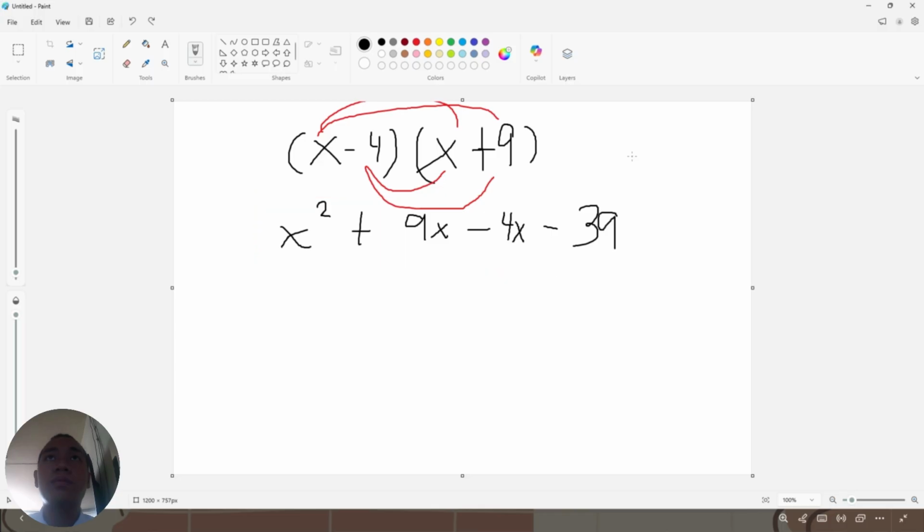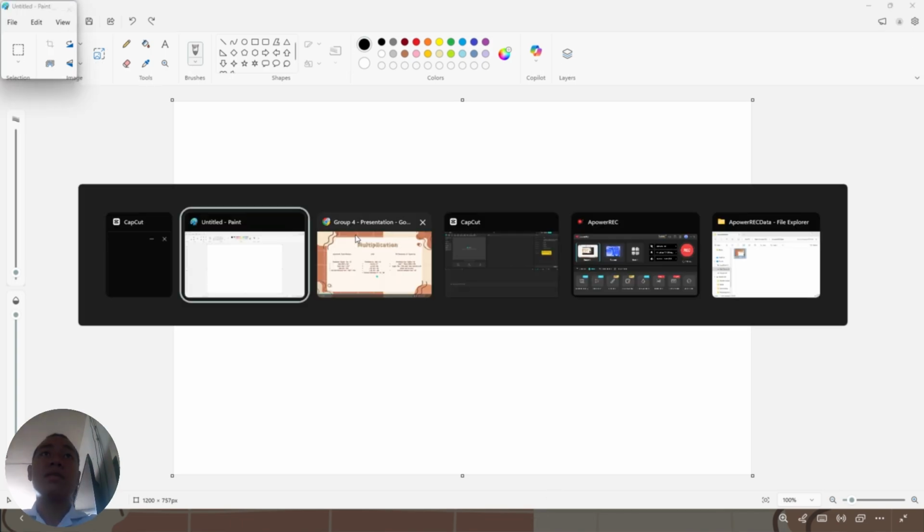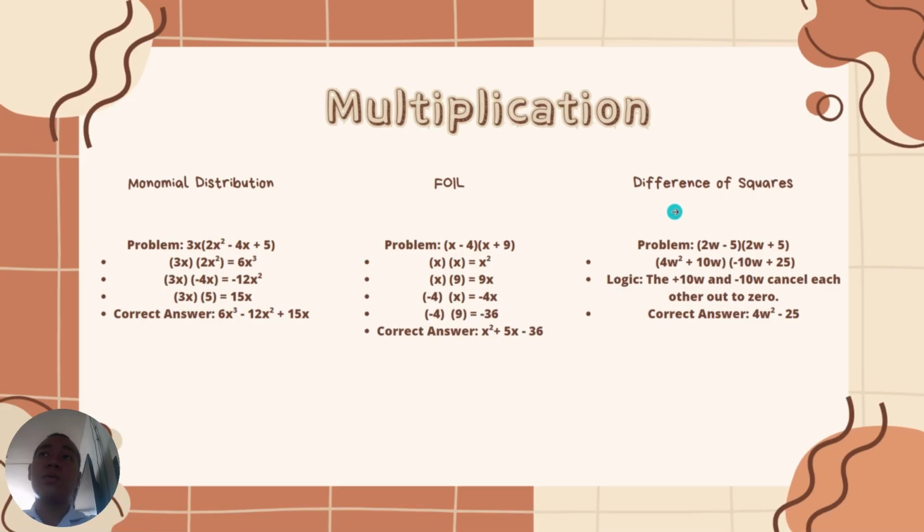Now, let's move into the final way to multiply. The next is the difference of squares.